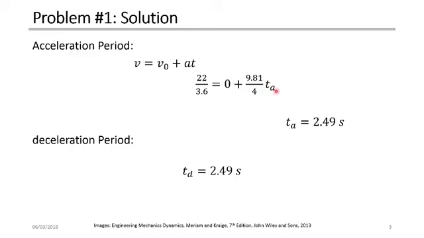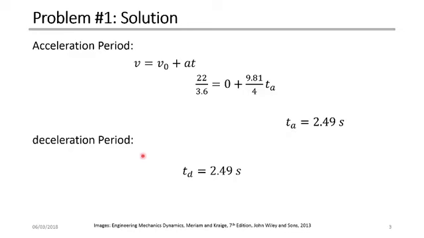So the time it takes between the initial velocity, which is 0, to the final velocity, which is 22 kilometers per hour. If we calculate the time for the acceleration period, you will find that t sub a, which stands for time for acceleration, is 2.49 seconds.